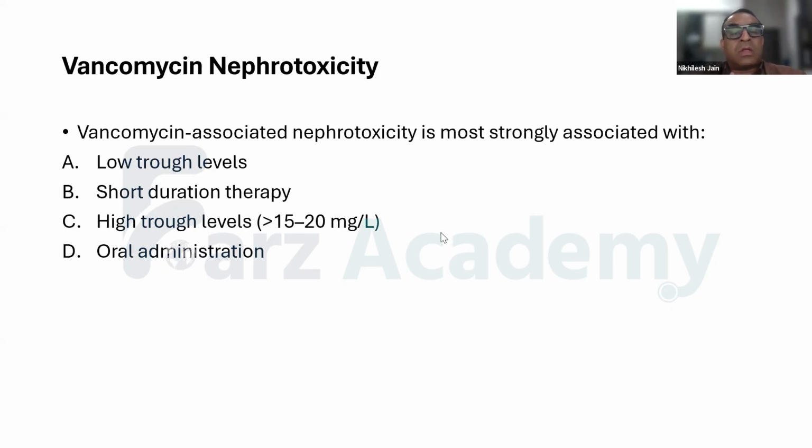Okay, this is for vancomycin nephrotoxicity. So vancomycin-associated nephrotoxicity is most strongly associated with A, low trough levels, B, short duration therapy, C, high trough levels, that is more than 15 to 20 milligram per liter, and D, oral administration.